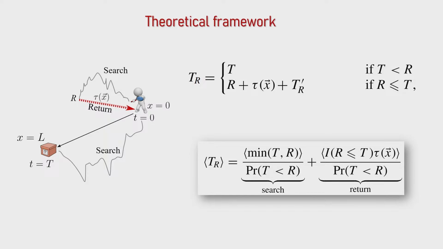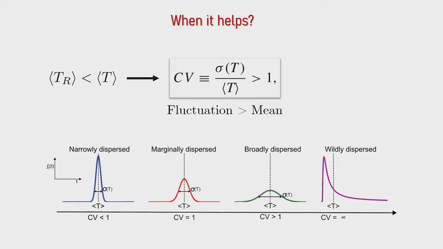But again, if you take R to be very high, it also does not help you. But the good thing is everything you can show in this CV criteria. So this CV criteria will tell you what will be the optimal value of R that you have to find. I have not shown any exact example here, but given any example, this R will be dictated by the CV criteria.